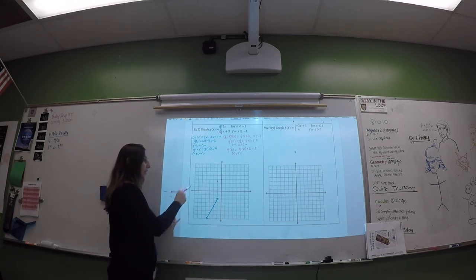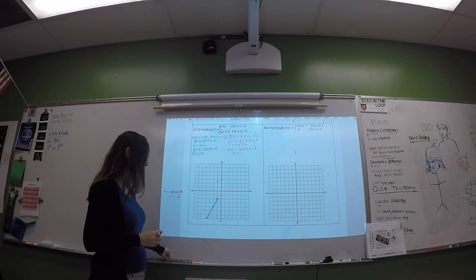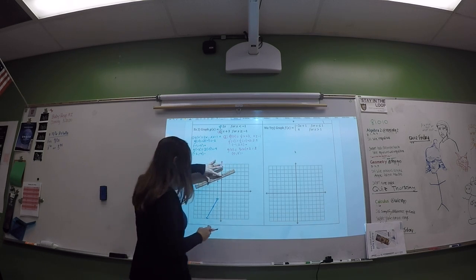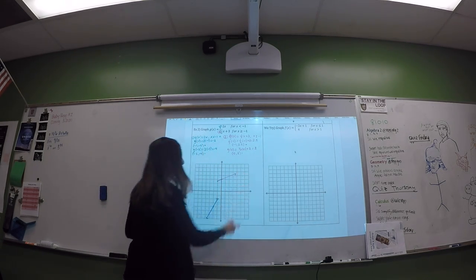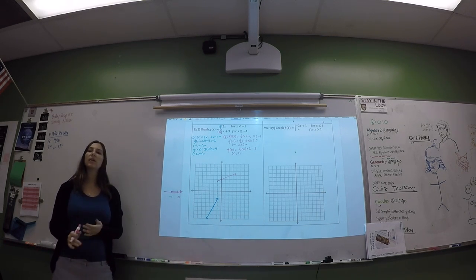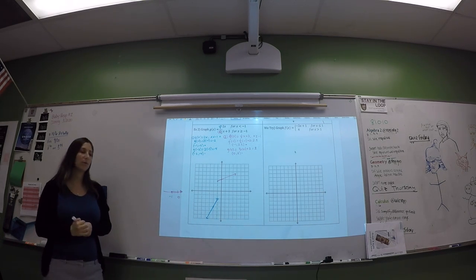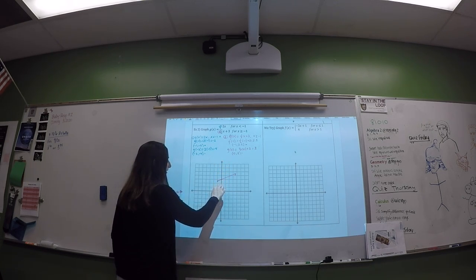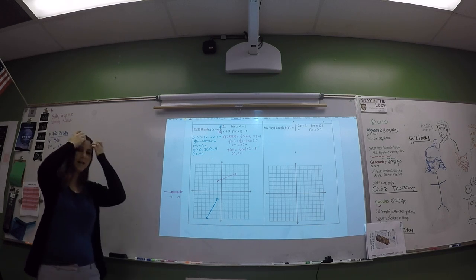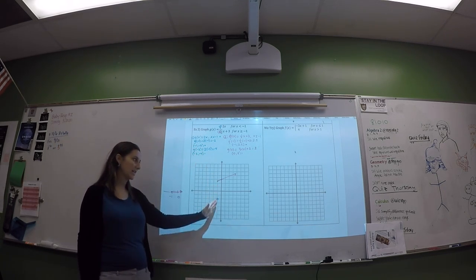So that's good. So then we're just gonna connect those 2 points. Do not go to the left, only go to the right, where x values are getting greater than -1. If you go to the left, you're making it not a function, which is bad. If you want it to be a function, it has to pass the vertical line test.